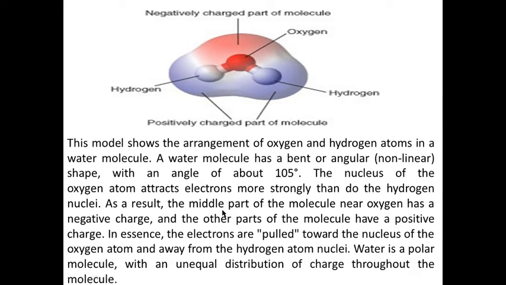As a result, the middle part of the molecule near oxygen has a negative charge and the other parts of the molecule have a positive charge. In essence, the electrons are pulled towards the nucleus of the oxygen atom and away from the hydrogen atom nuclei. Water is a polar molecule with an unequal distribution of charge throughout the molecule.